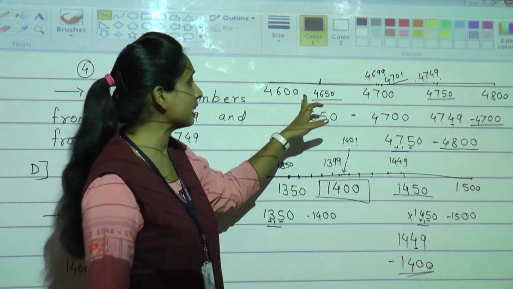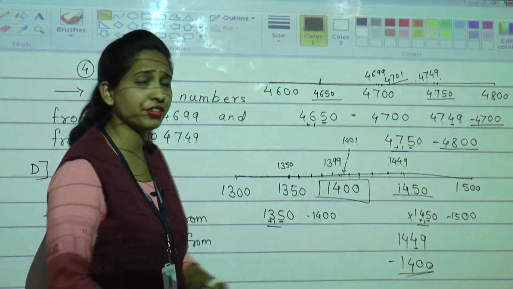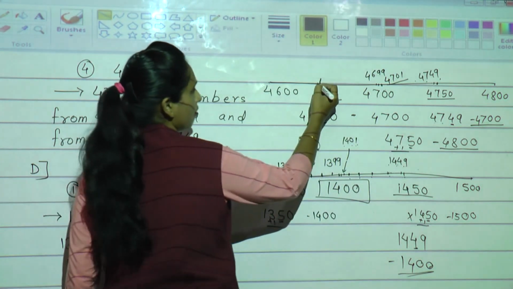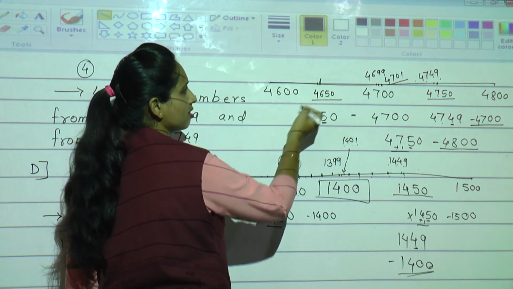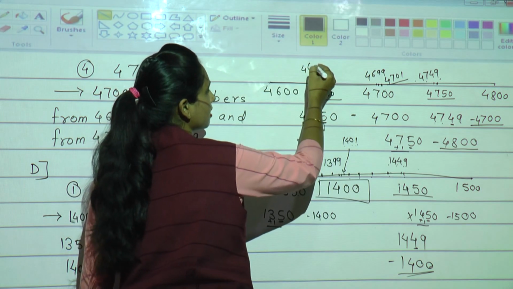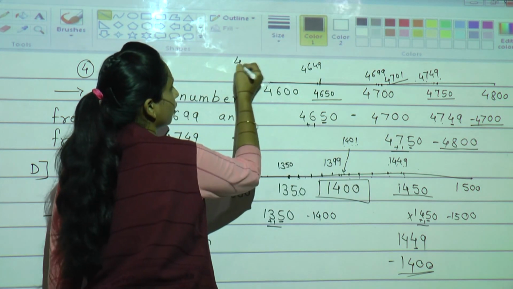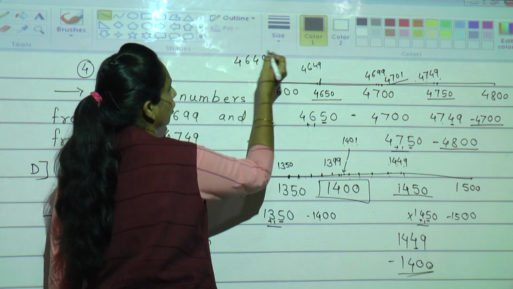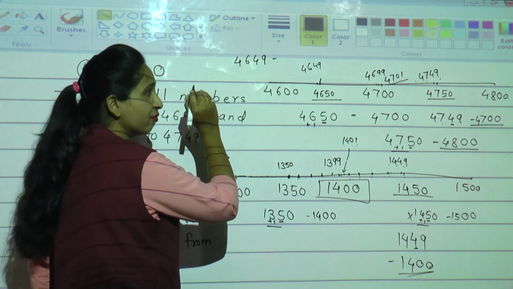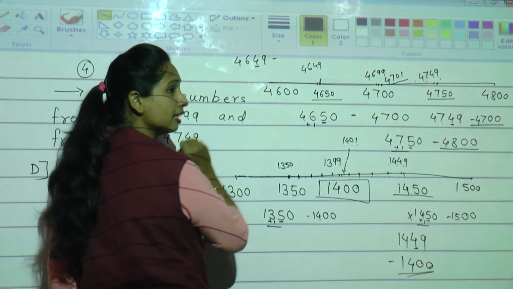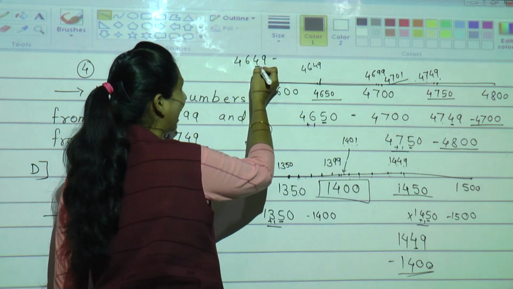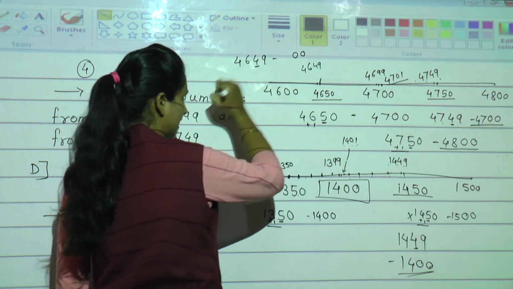And why have we started taking 4650 only? Now see, if I take what will come before this number? Before 4650 is 4649. If I take 4649, what will happen? See, we are rounding off to the hundreds. Underline the tens place and place the zeros at ones and tens.